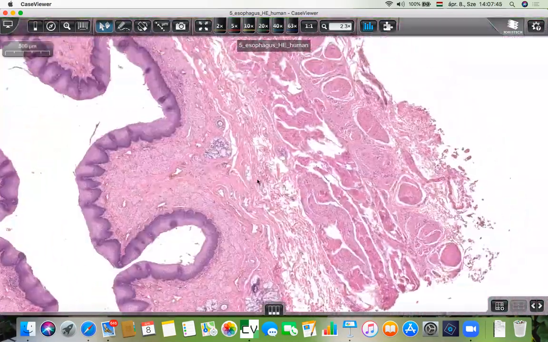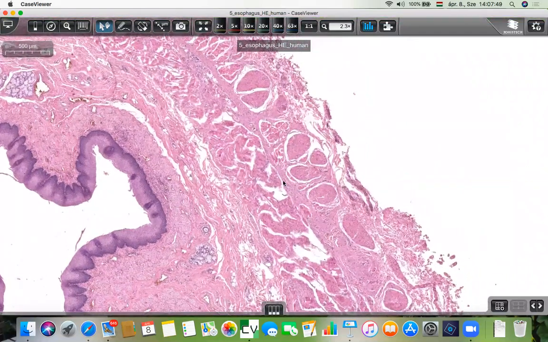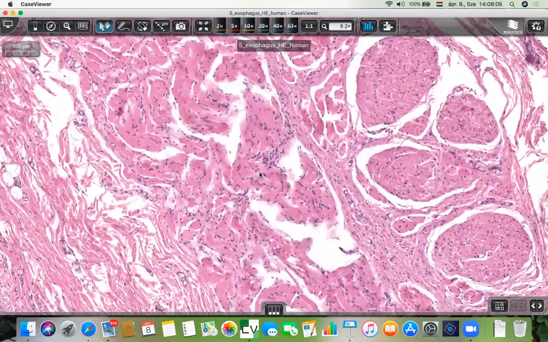Then the next layer, when we decrease the magnification, we can see the layers of the tunica muscularis. The tunica muscularis has two layers of muscle: an inner circular and an outer longitudinal layer.